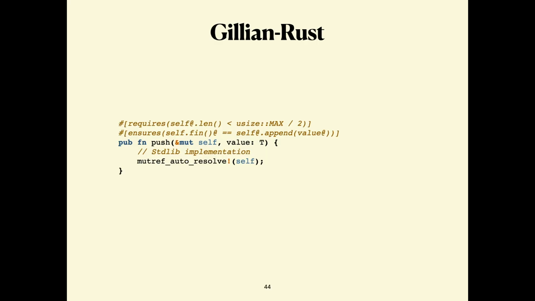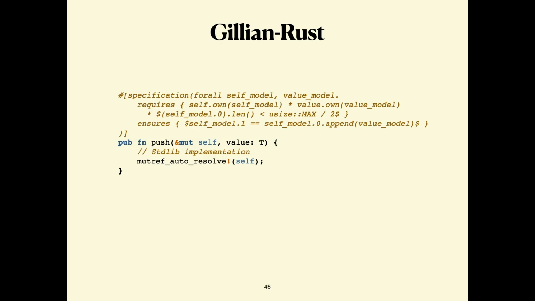Gillian Rust can de-sugar all this and see a much more complicated separation logic view, which says, okay, at first you have to have some ownership predicate, something that describes the memory resources of your vector that is modeled by some value. You also separately have to have a disjoint ownership predicate for the value, again with its own model. You have to have this pure fact about the lengths of this model, right?